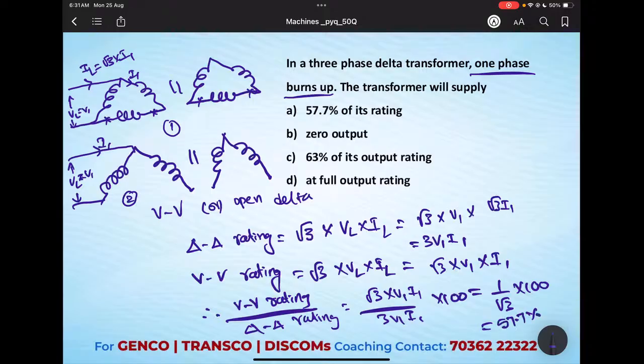It is around 57.7%. Therefore, the VV rating is equal to 57.7% of the delta-delta rating.